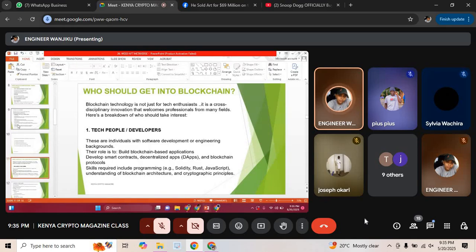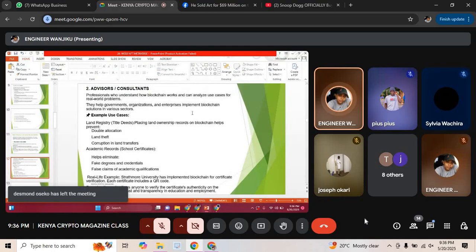They can create tokens, maybe meme tokens, etc. The skills required include programming, what we've discussed, Ethereum technology, Solidity, Rust, and JavaScript. Number 1, the skills they need include programming skills. Number 2, they need understanding of the blockchain architecture. And number 3, the cryptographic principles. So the people who should get into blockchain, number 1, the tech people or the developers.